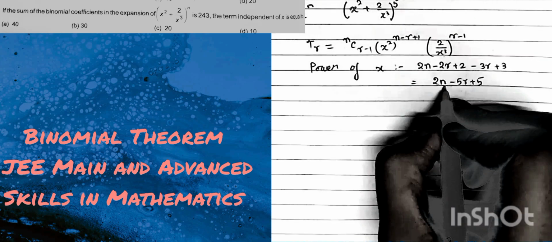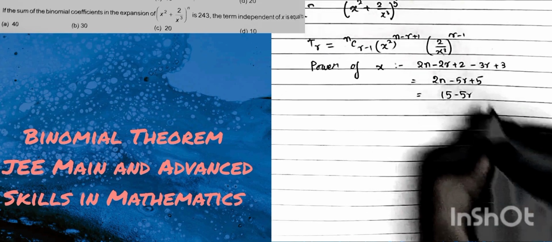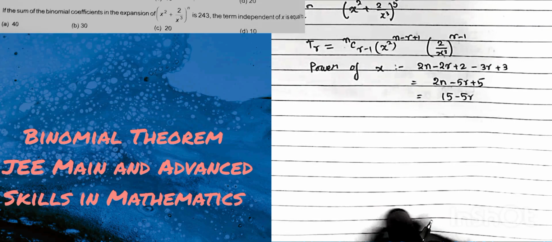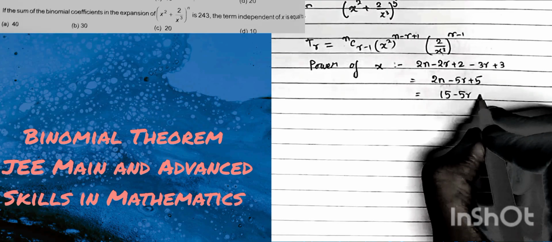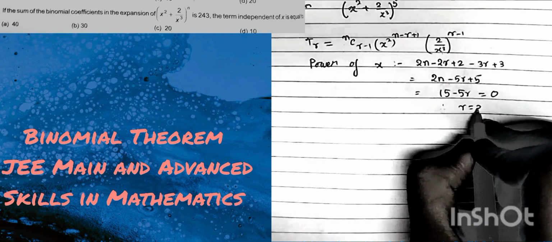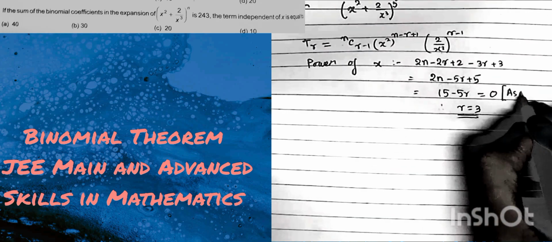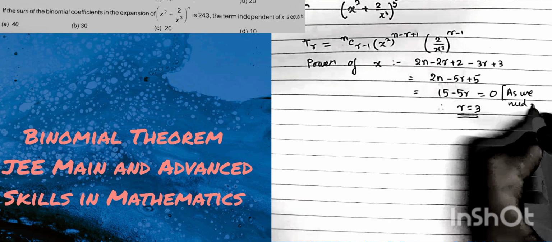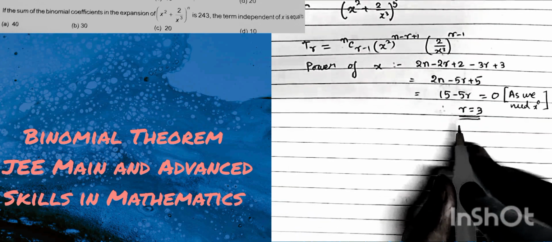If you put the value of n, which is 5, we get 15 minus 5r. Now the question wants the term independent of x, so the power of x should be 0. What we get is that r is equal to 3, because we need x to the power 0. So the rth term will be the term independent of x.